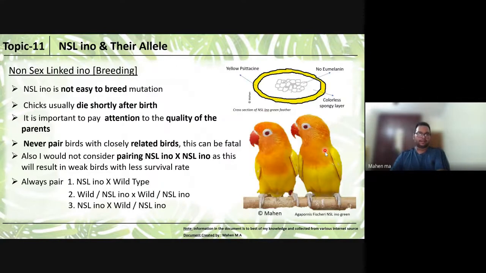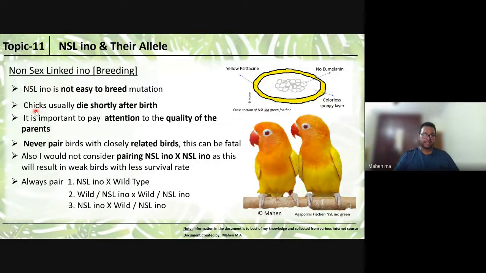Now coming to the breeding of NSL Linos. As you may know, breeding NSL Linos is not very easy. Most of you would have tried. I have also tried and kept them for 7 to 8 years, and it was very difficult to breed these birds. It is not like the fischers where you get 5 or 6 chicks.